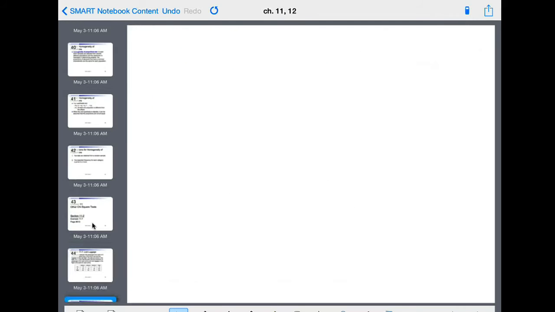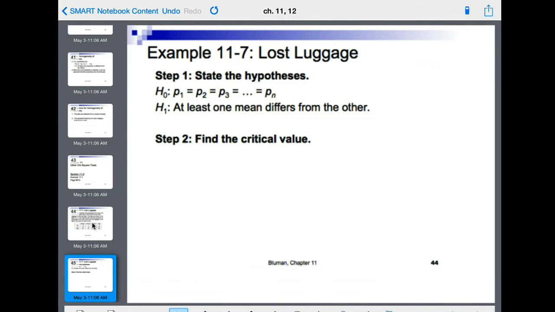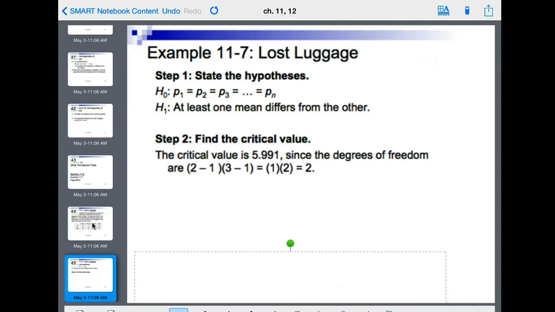So the proportions are the same, at least one being different. Critical value. There are 3 columns, 2 rows, so 3 minus 1 times 2 minus 1, we get 2 degrees of freedom at 0.05. 5.991 is our critical value.